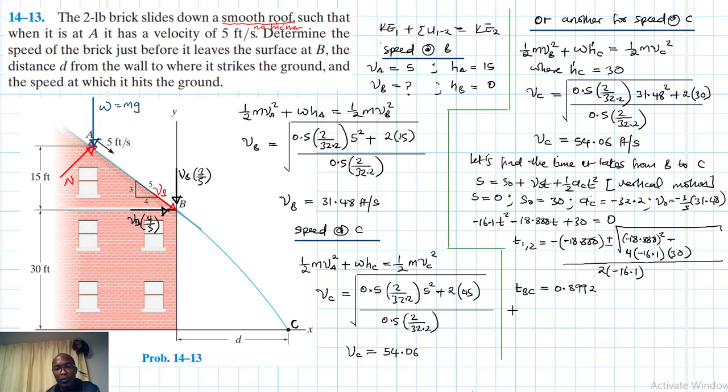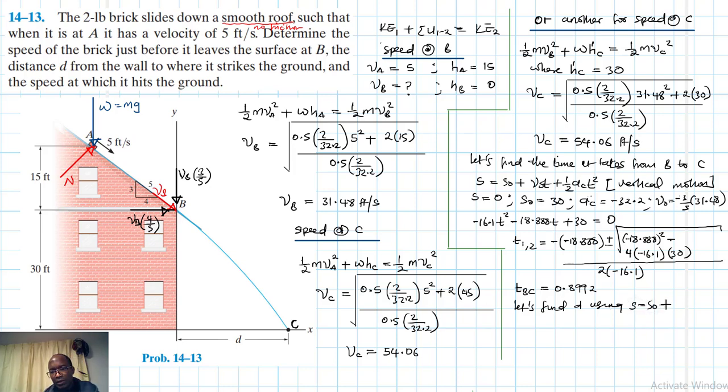So with this time, we can use this equation now to find the horizontal component. So let's find D using the same equation.